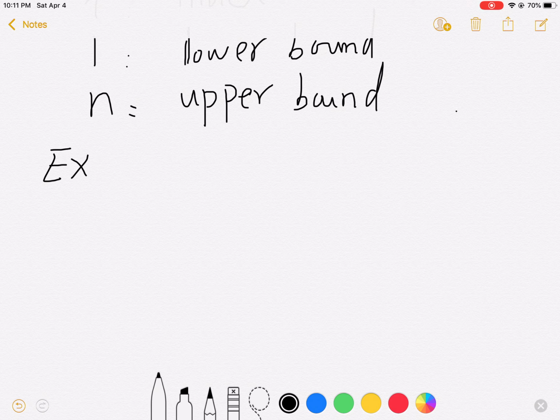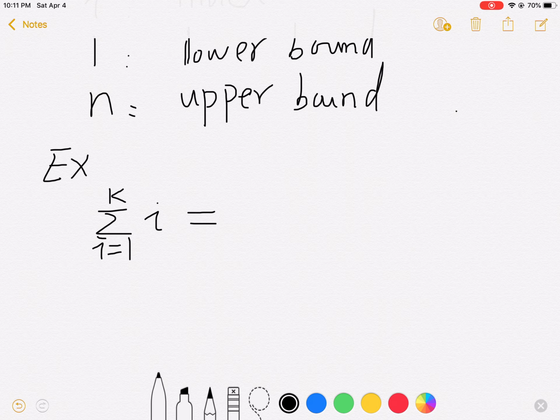So if we want to take the sum of i from 1 to k, for example, of i, what does this mean? This means the i-th term is i.